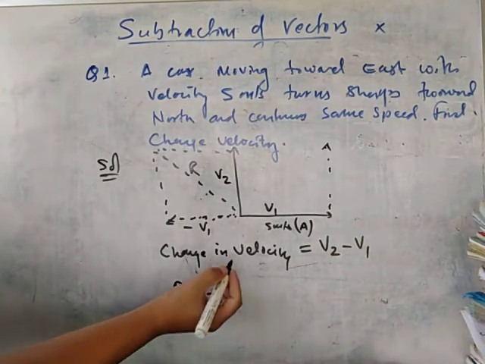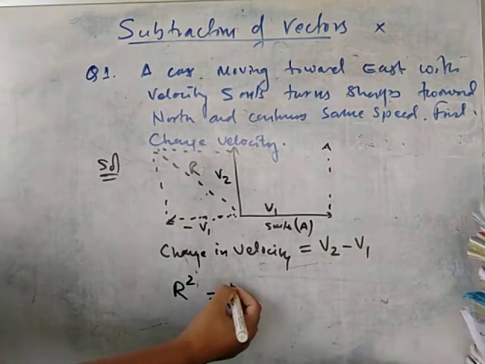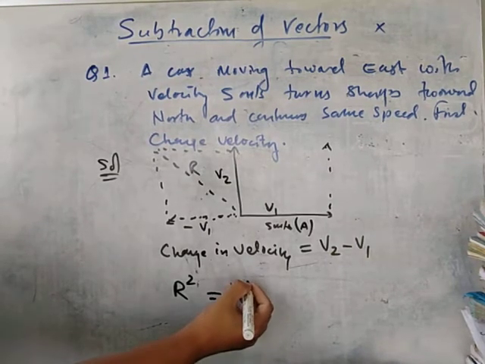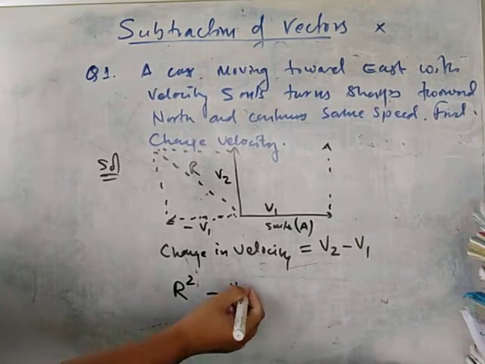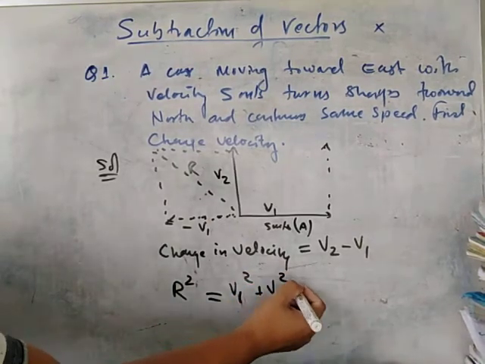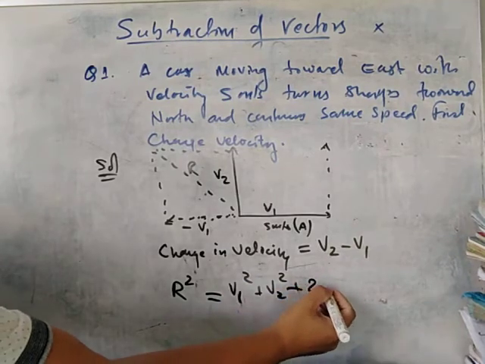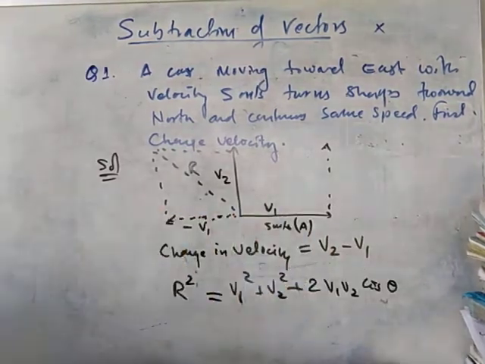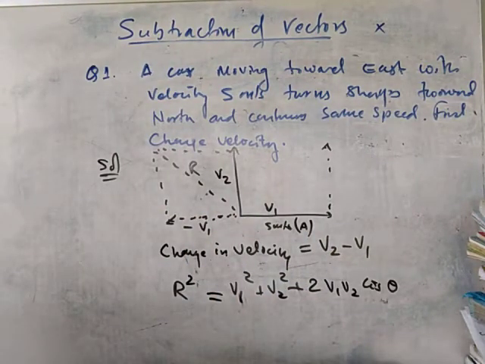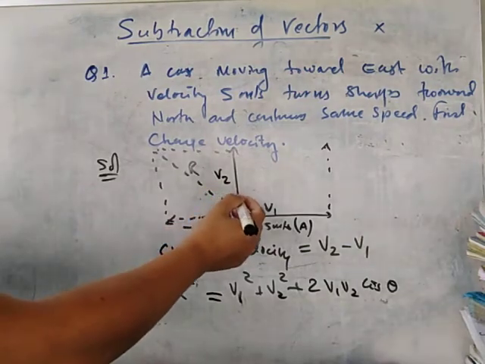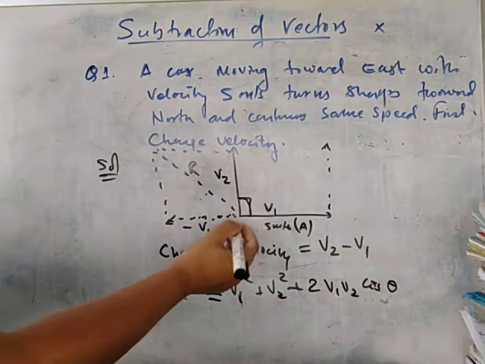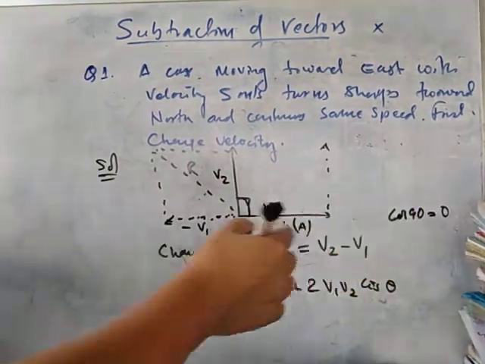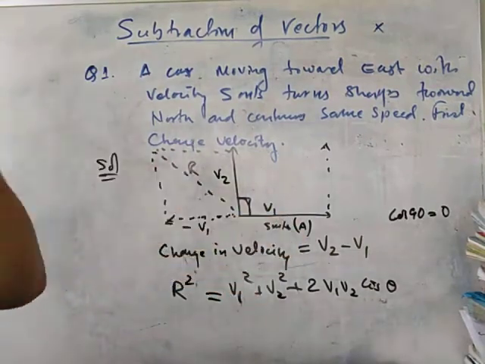So r square equals v1 square plus v2 square minus 2 v1 v2 cos theta. Theta is 90 degrees, so cos 90 equals 0. Cos 0 is 1, cos 90 is 0.